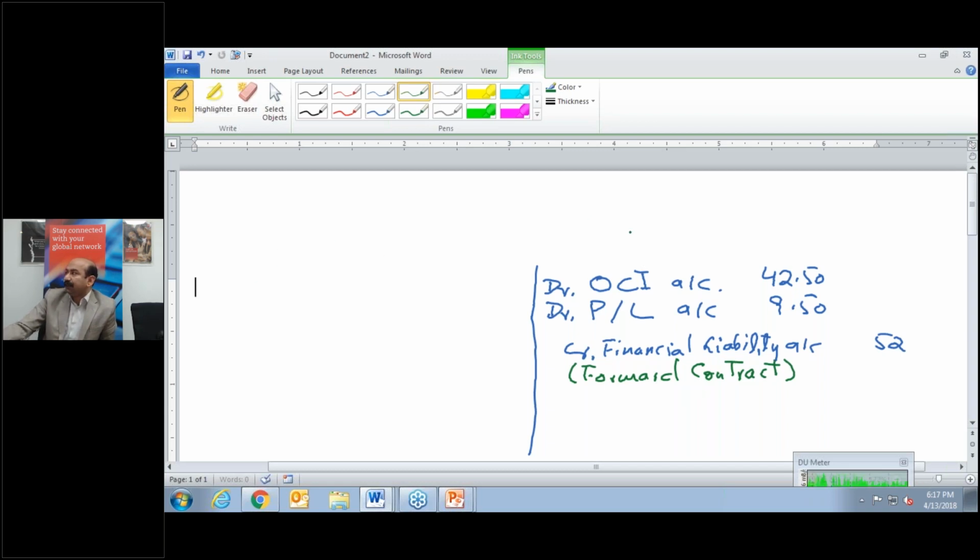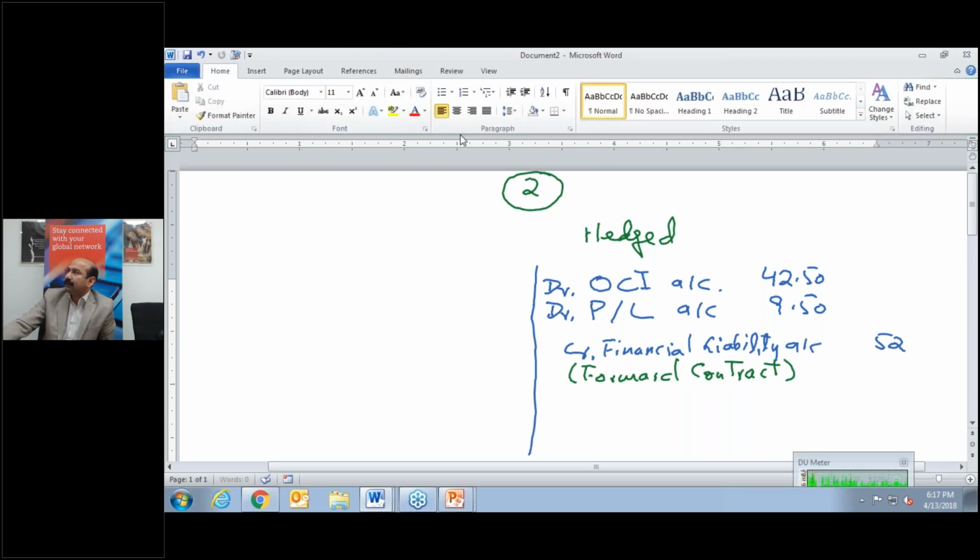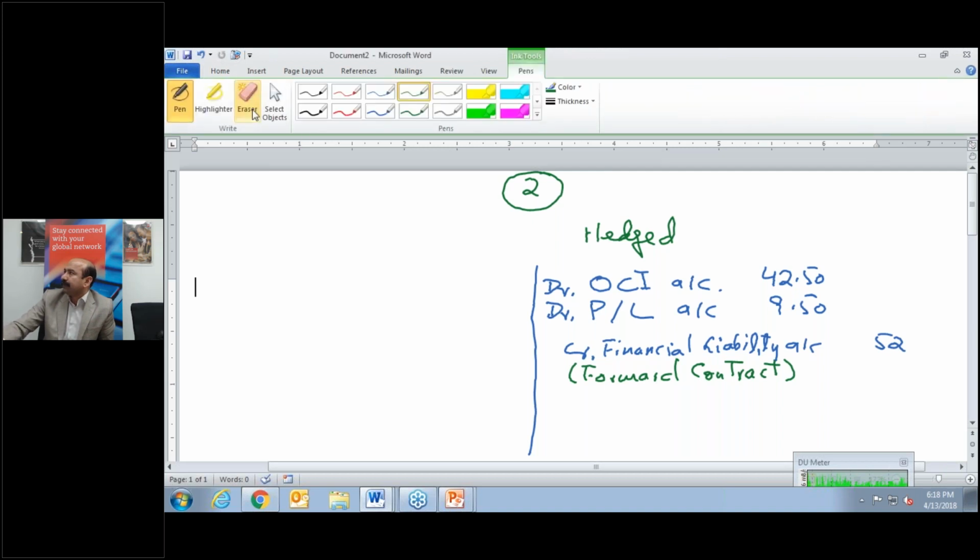Now what happened here? We know from our last page, I can mention over here, this is number 2. This is basically the side of the hedging instrument. Forward contract, hedging instrument.